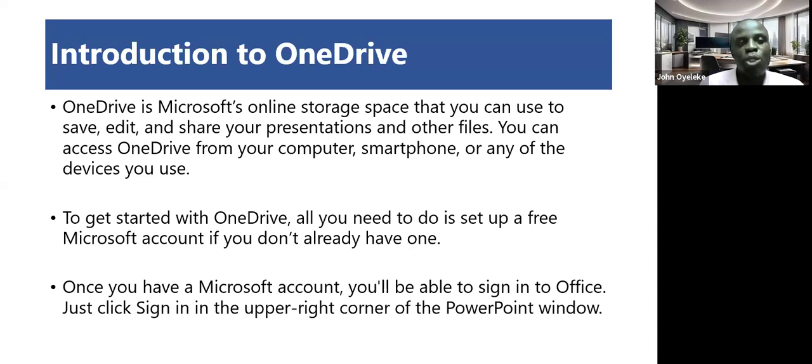You can also share your files with people. What else can you do with Microsoft OneDrive? You can do a lot. You can share your files, synchronize files, and access your Microsoft OneDrive from your computer, from your smartphone, from your mobile devices.